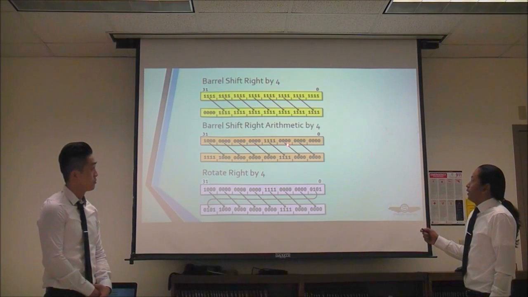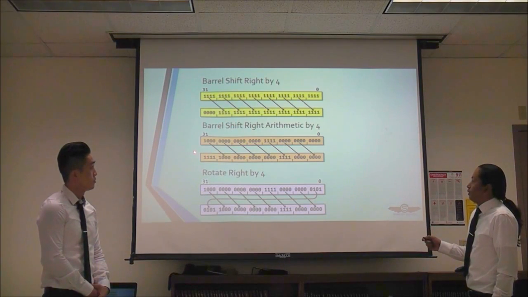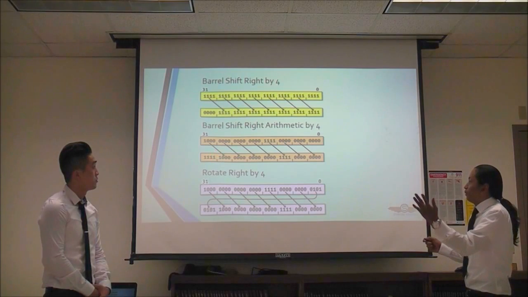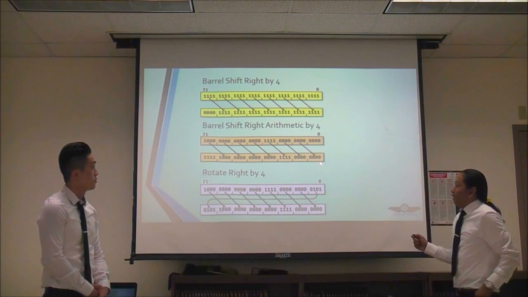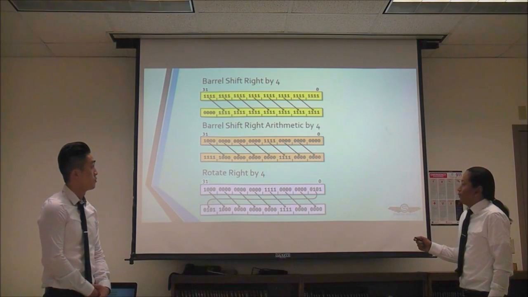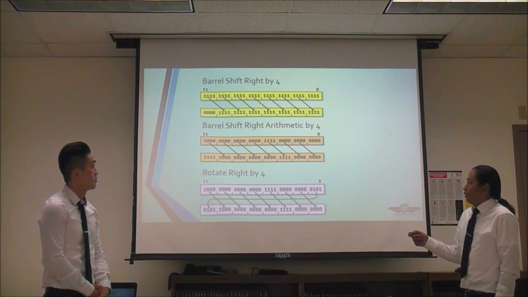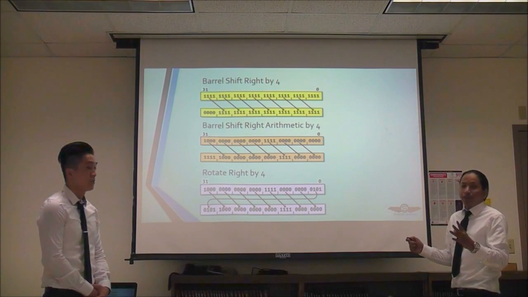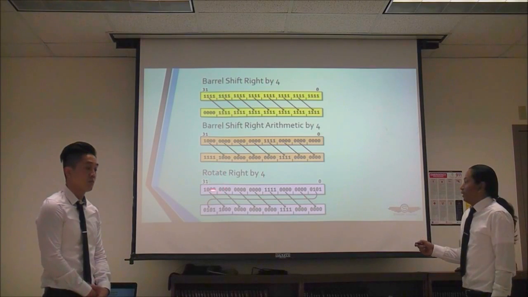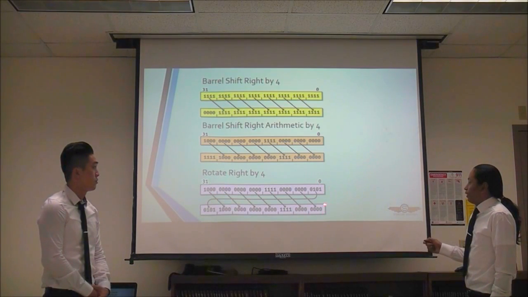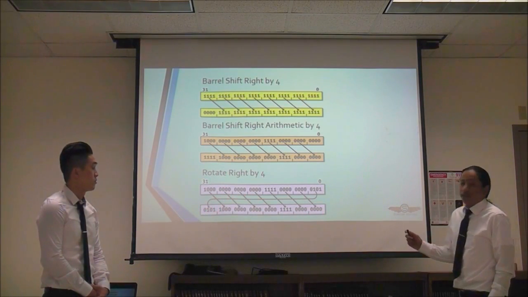Barrel shift right arithmetic is different. You put in 1s in the place where you shifted in, and everything else is basically the same. Rotate right: unlike the others, we actually preserve all the bits, so none of the bits are lost. And when you shift over, you carry over the 4 bits over here.